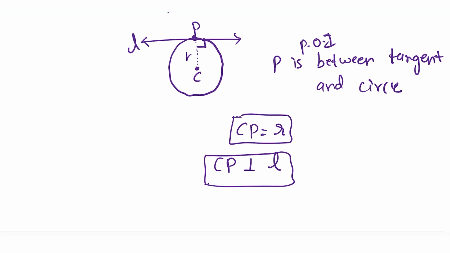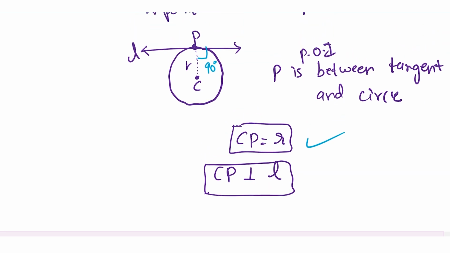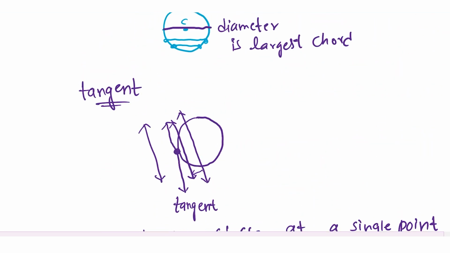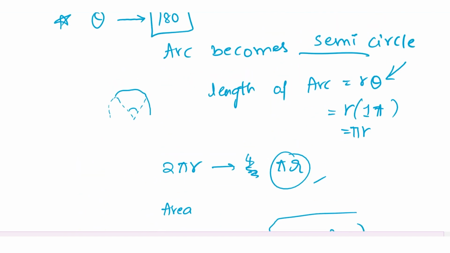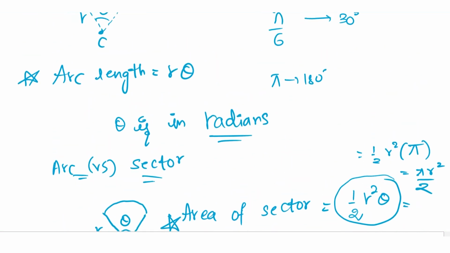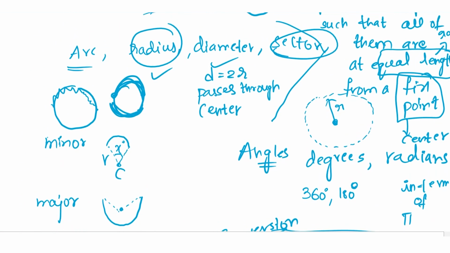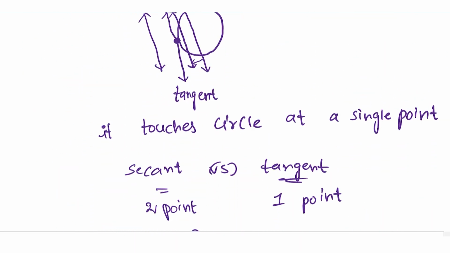So basically this will be 90 degrees, and the length is just the radius. And that's it. These are some basics which we need to keep in mind. I think these are the basic terms.